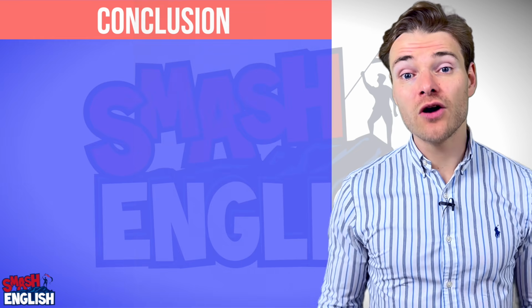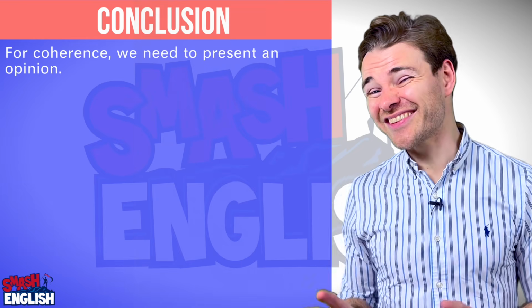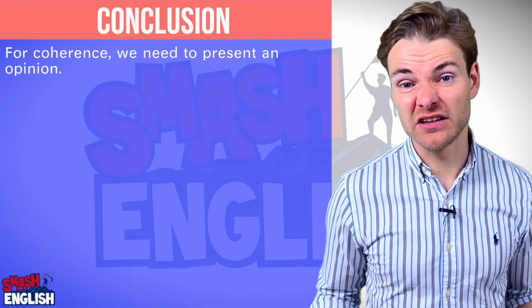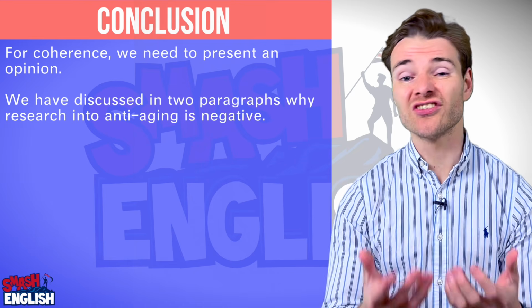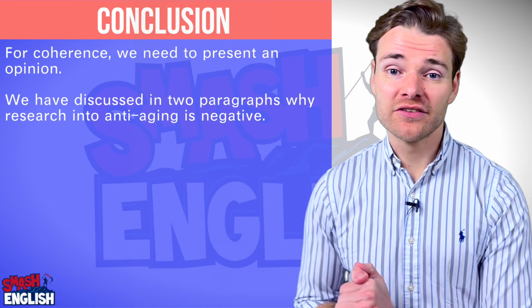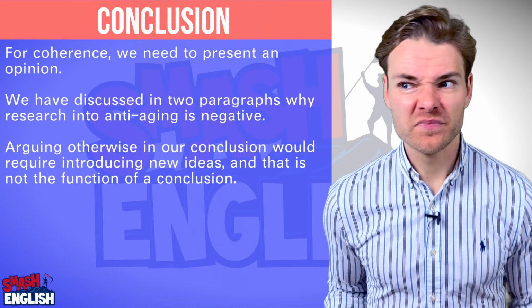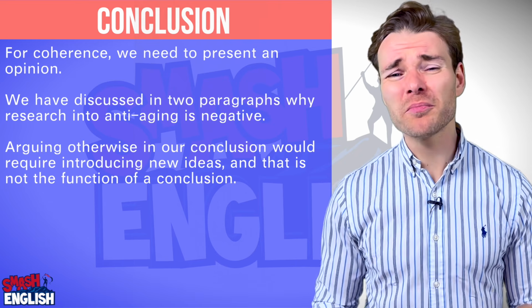And finally, we need to write our conclusion. Now, of course, in this essay, our conclusion kind of needs to present an opinion. I mean, we've spent 2 paragraphs talking about why research into anti-aging is a bad thing. So in the conclusion, we can't just say, but actually, I don't care, or actually, I think anti-aging is a great thing, because it wouldn't make any sense.